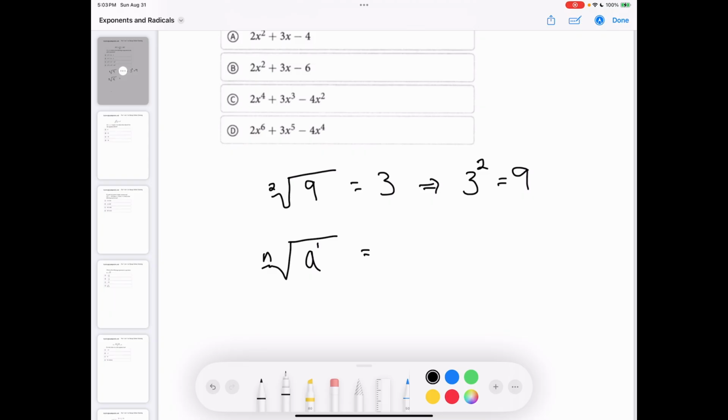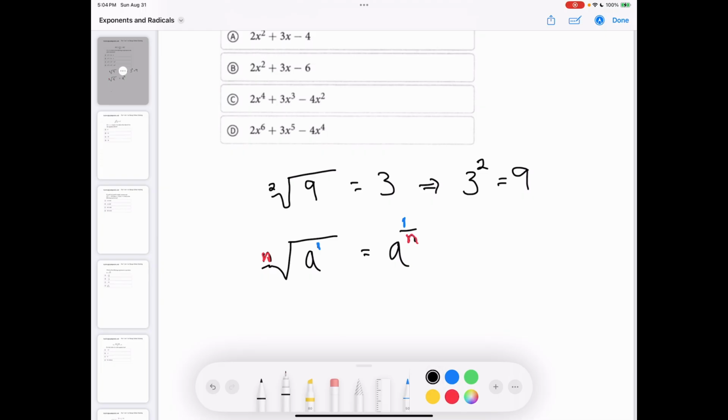That's why we never write the 1. But this a does have an exponent of 1. So the way to rewrite this is I'm going to write the base, and I'm going to write its exponent in the numerator, and the nth root in the denominator. Let me color code this so you can see it more clearly. So I have my 1, and the root in red.